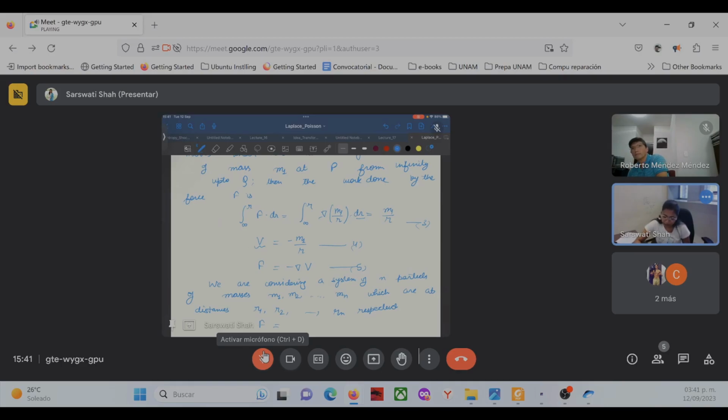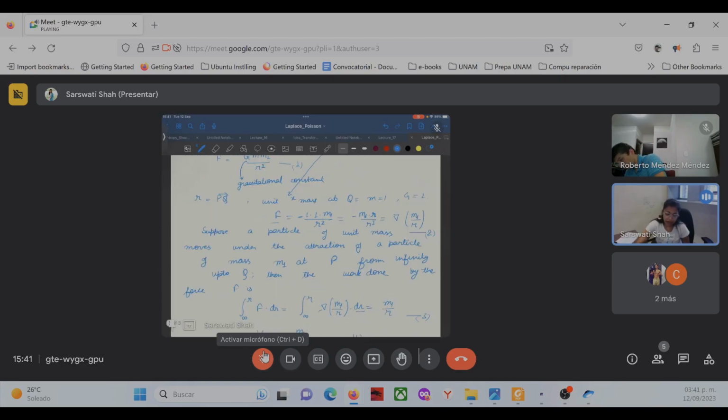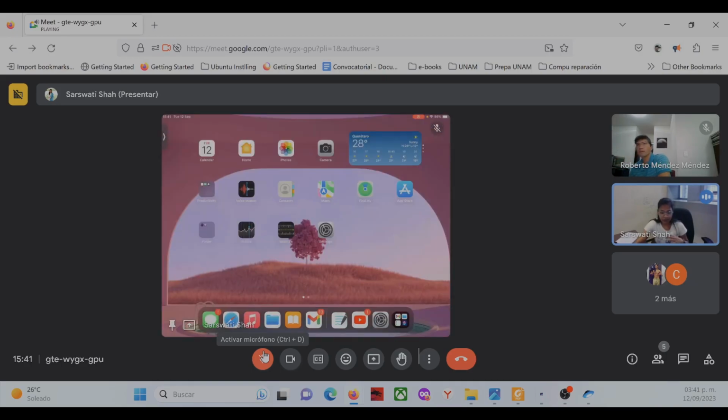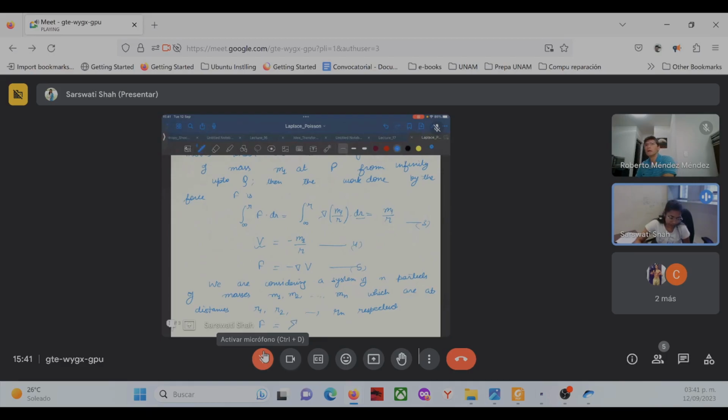So earlier F was the gradient of m1 over r. Now there are n particles of masses m1 to mn. So F is going to be the summation of i varying from 1 to n of gradient of mi over ri, and this gradient will come outside of the summation.